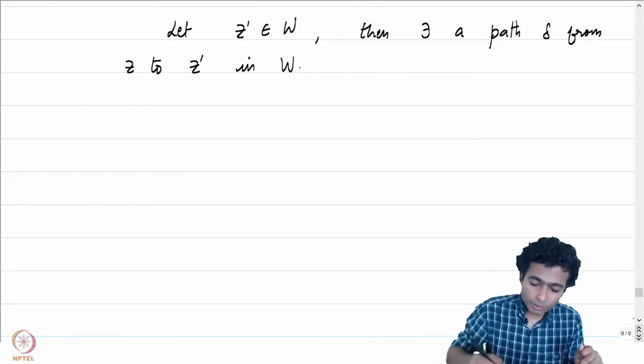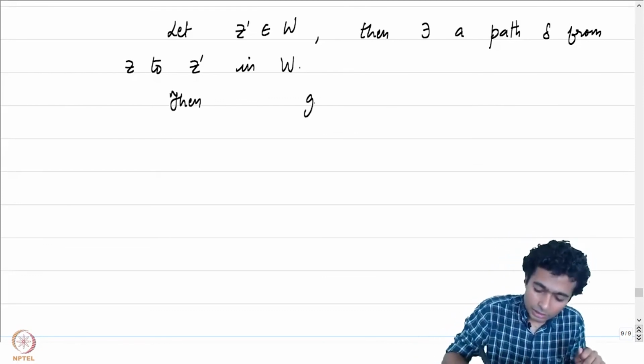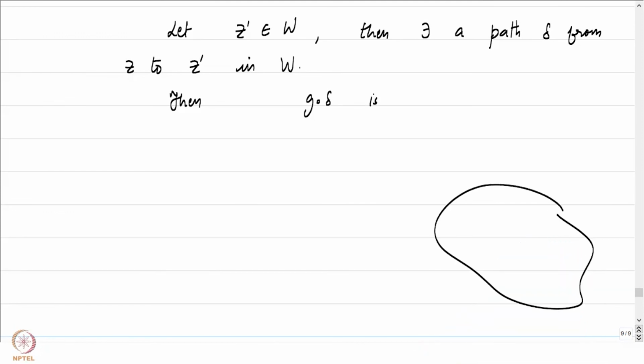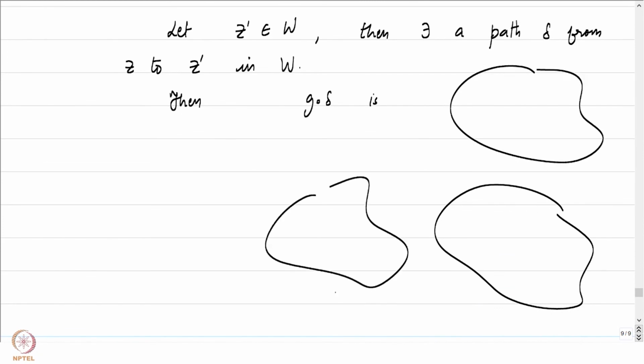And if you look at G composed with delta, let me draw a picture so that the situation is clear. The Z is here, the X is here, and the Y is here. We have a map F here, we have a map G, and we have W, something of this sort. Z0 will be some point somewhere. We have picked a point Z here, and Z prime some other point here, and we have connected it with some delta.